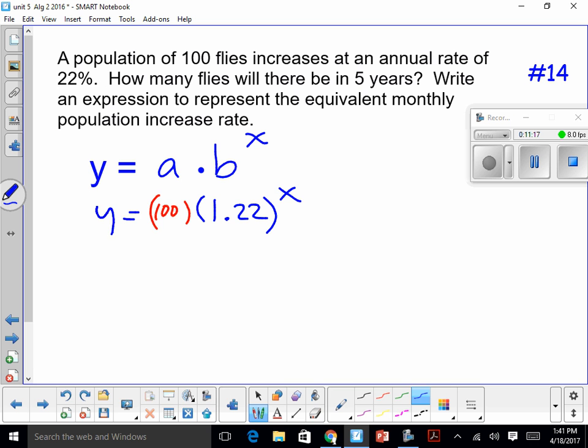Of course, step 1, we turn the percent into a decimal, crossing out the percent sign and putting a decimal in front there. So this is kind of like 0.22. And again, for the purpose of increase, let me say the official rule. Technically, you do 1 plus whatever the percent is.